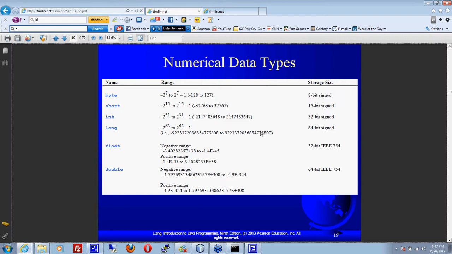Float, I think they give you an exponential number. It's 32-bit, so it's going to have a plus or minus range of around 32,000, because half of the bits are for the fractional portion of the number, and the other half are for the whole number portion.